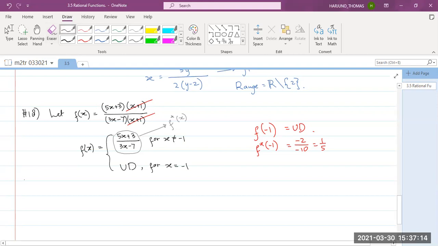Now, we start. What is the domain? For the domain, of course, we look at the original function. The domain will be all real numbers except 7/3 and -1. So these are the zeros of the denominator of the original function.